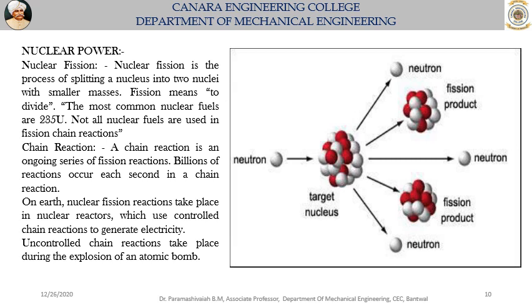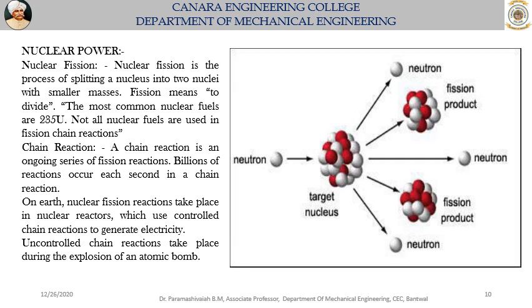What is a chain reaction? A chain reaction is an ongoing series of fission reactions. Billions of reactions occur each second in a chain reaction. It is called a chain because one reaction leads to a few more reactions. See here, a neutron comes and strikes the target nucleus. Then this nucleus divides into two smaller nuclei.